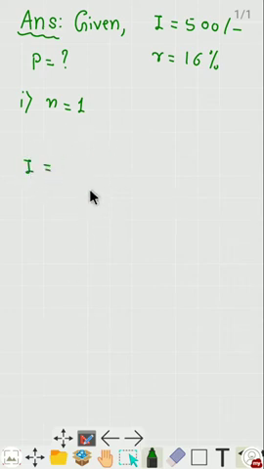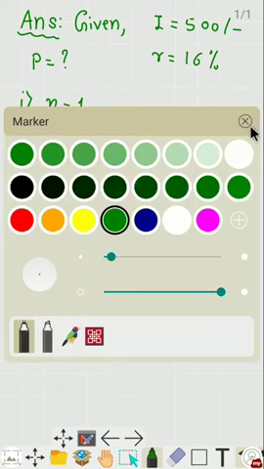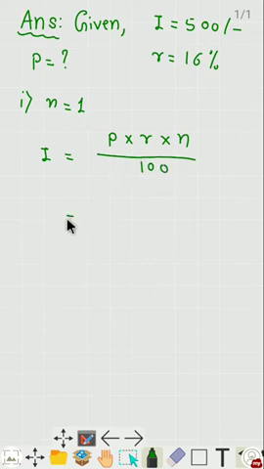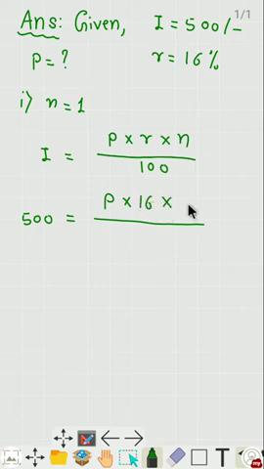Okay, so we know the formula for finding simple interest. I is equal to P R N whole divided by 100. We put the values of these variables. So I is 500, it is equal to principal is not known, rate of interest is given to be 16, and n is equal to 1, divided by 100.